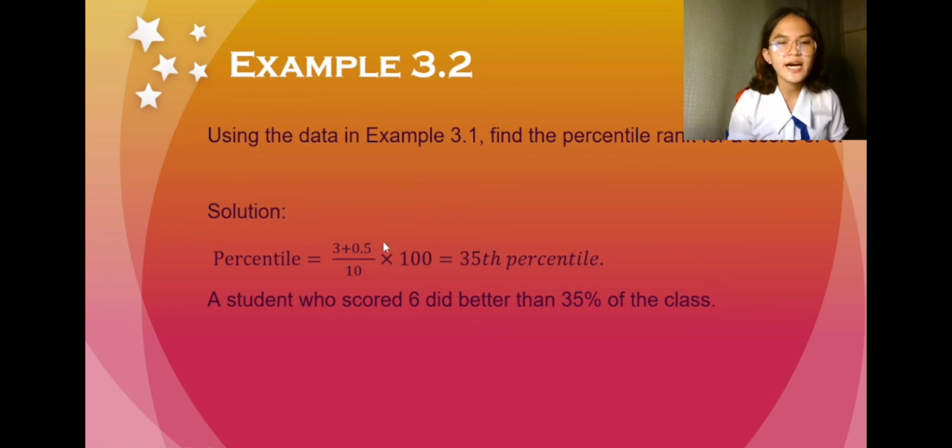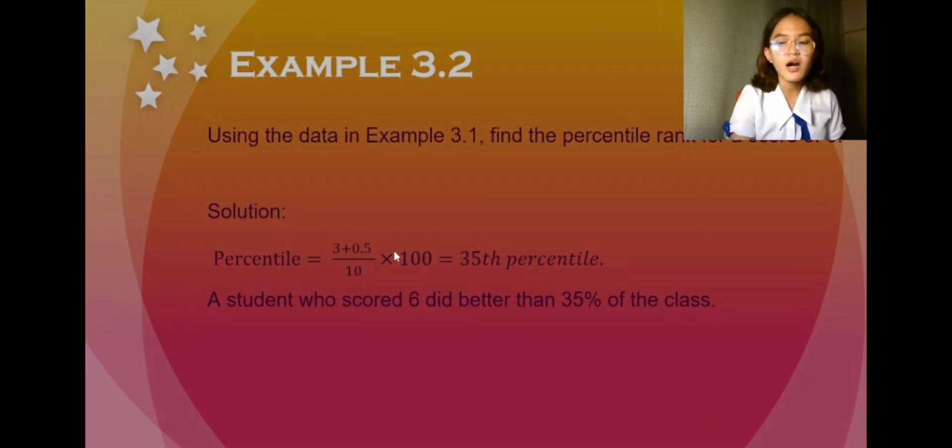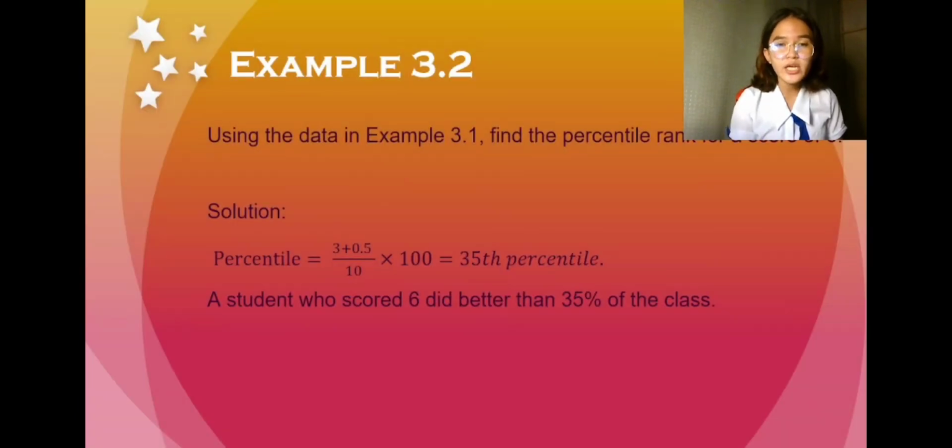And it is 3. Plus 0.5. And divide by 10, which is the total number of values. Times 100 and it will come up to the 35th percentile. So a student who scored 6 did better than 35% of the class. So, did you get it, class? Got it?